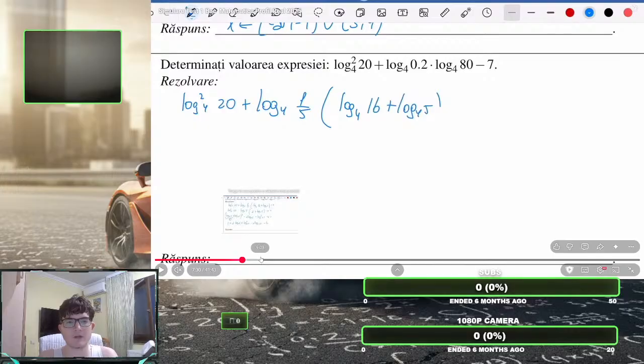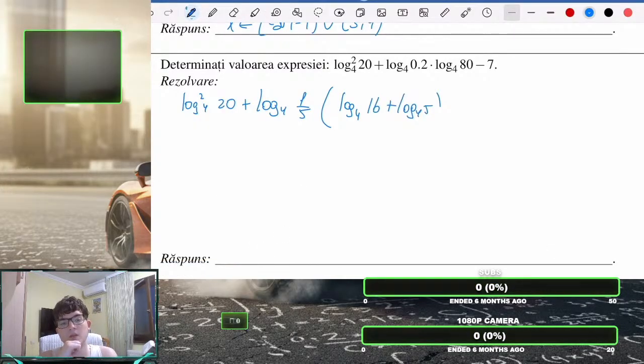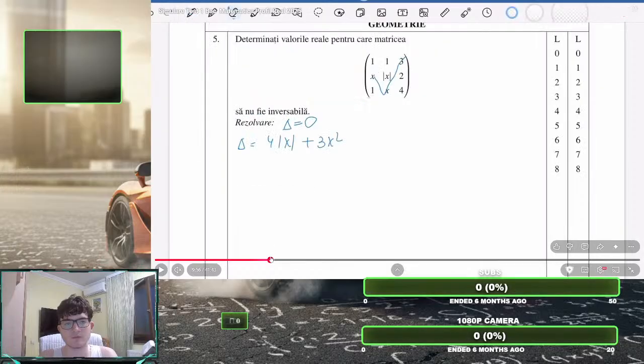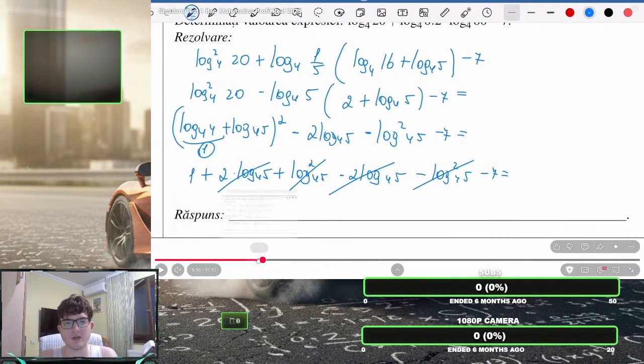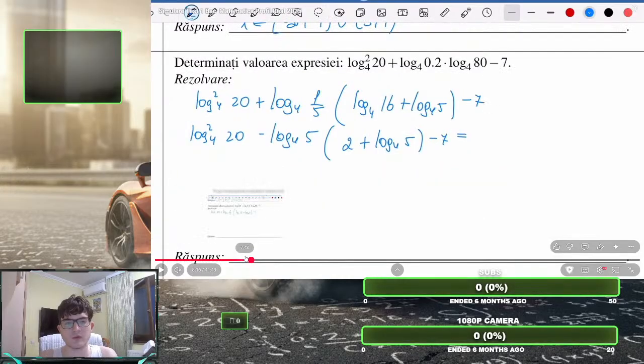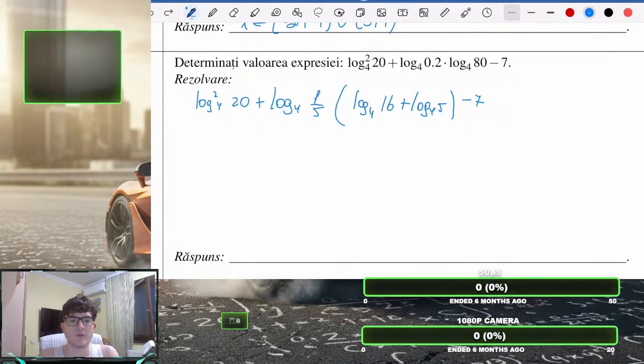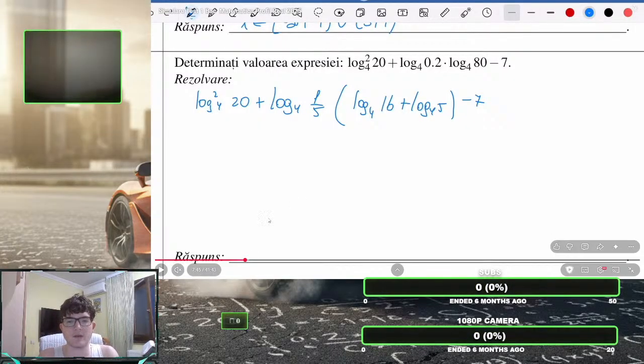Or should I skip that? Well, is this super advanced? Perhaps this is not super advanced. So let's do this LOG exercise. Yeah, let's do this LOG exercise. We got 4 like that, and this and that.